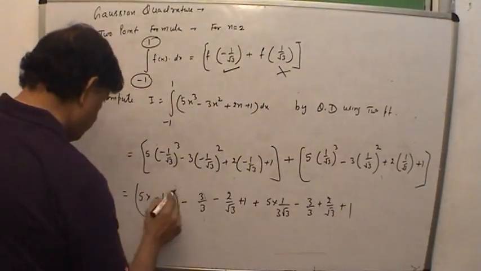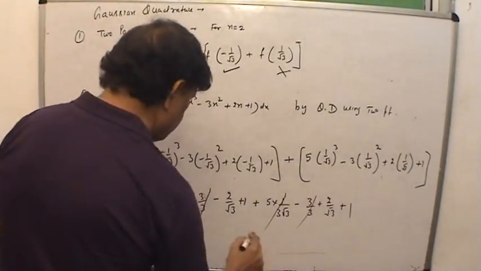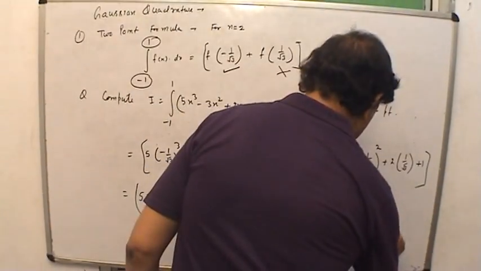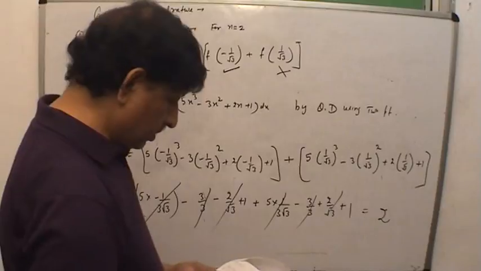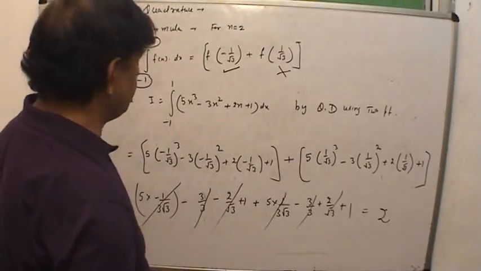That cancels the same values here: 3 by 3, 3 by 3, 2 by root 3, 2 by root 3, and we get the answer is 2. That is the simple form of the Gaussian quadrature.